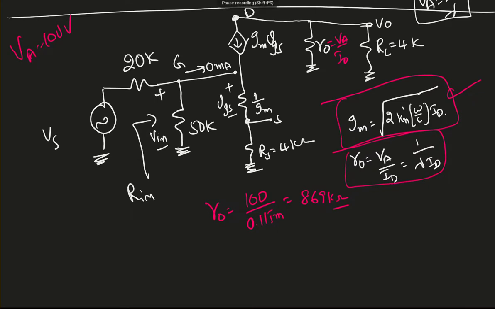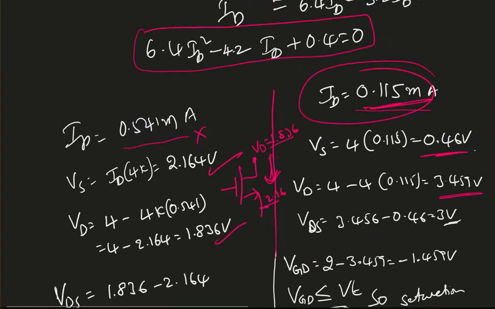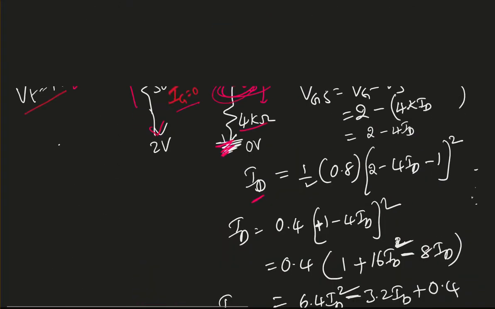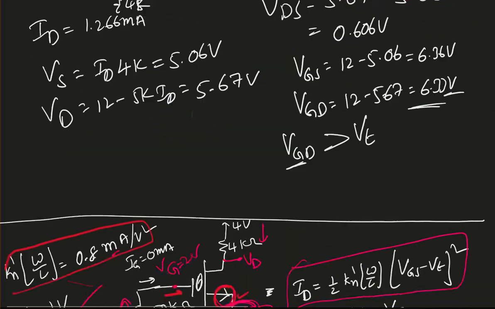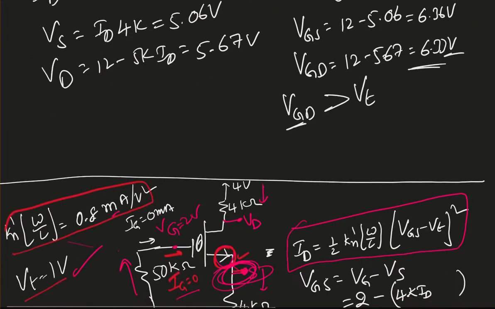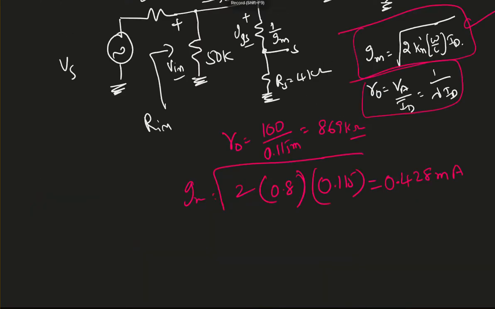And gm is nothing but the transconductance. We know Kn prime times width over length. That value is given by the manufacturer. That value is 0.8 milliampere per volt squared. So here R0 equals 869 kilo ohm, and gm, the transconductance, is the square root of 2 times Kn prime times width over length times ID.